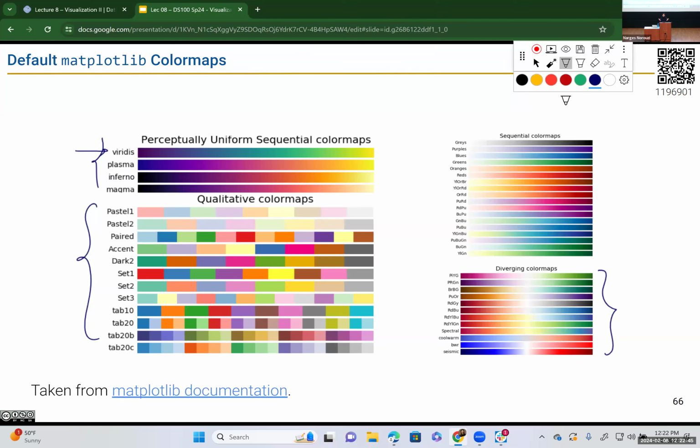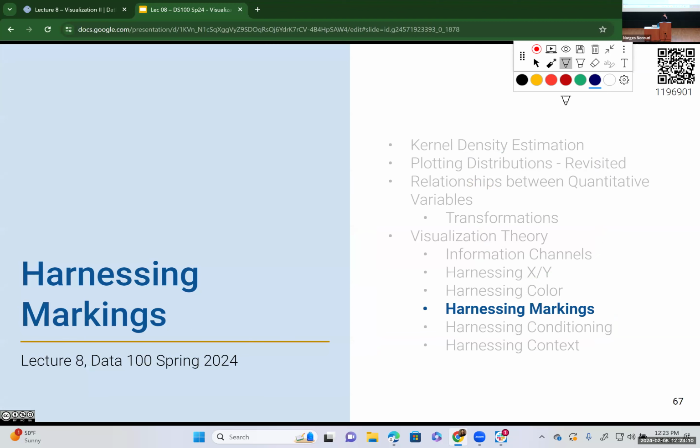If you want to color quantities but emphasize differences, you can use these color schemes, and then the normal sequential color map is here. So just know that there is a palette available to you in Matplotlib, and you can choose between different color maps to select the colors you want to use in your visualizations.